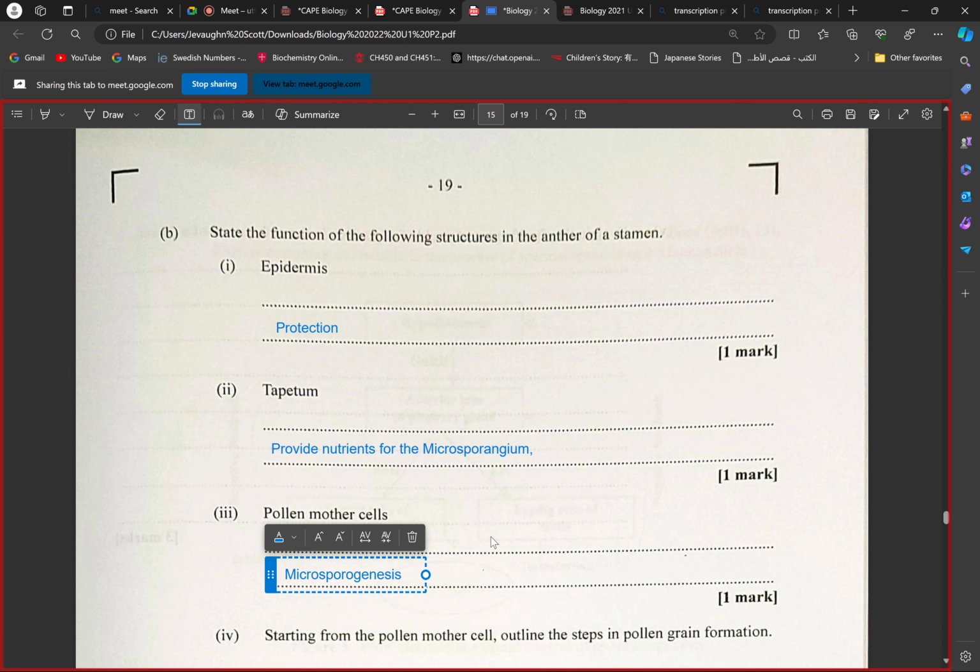And also the generative nucleus will undergo mitosis and give rise to the male gametes. So the pollen mother cells from the microsporangium would actually produce the microsporocyte, specifically. It would actually produce the pollen grains.